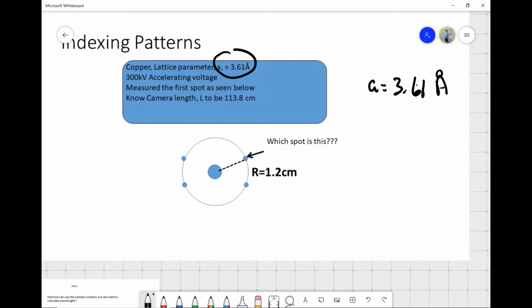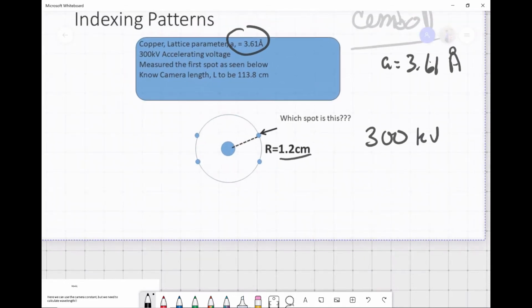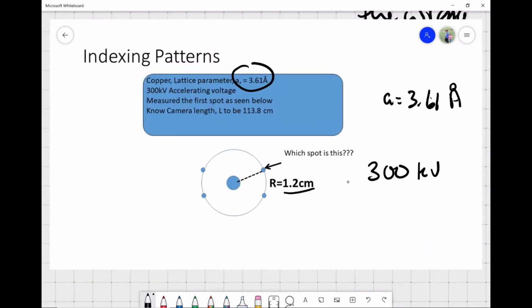This is a diffraction pattern. We measured this R to be 1.2 centimeters, and we have 300 kilovolts of accelerating potential. We know our camera length L is 3.8 centimeters. So we want to index it. So usually, what do we know about reflected planes? Well, they have a D spacing.